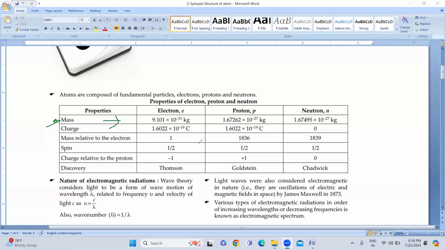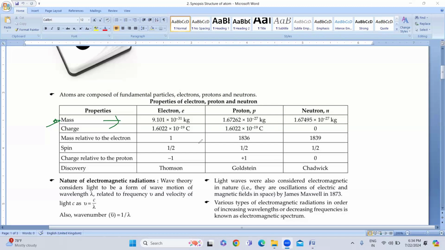Second is the charge. We need to remember the charge of the electron, proton, and neutron. What is the charge, students? The charge of the electron is 1.60 into 10 raised to minus 19 coulombs.